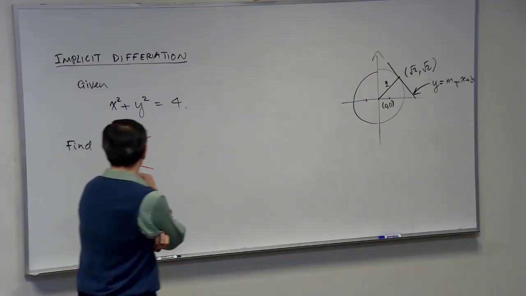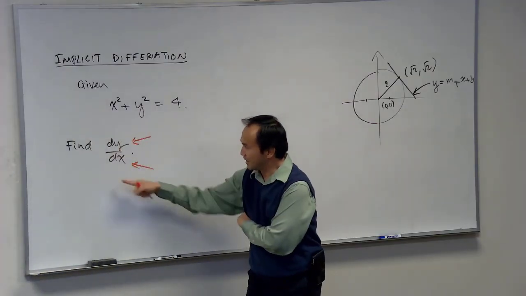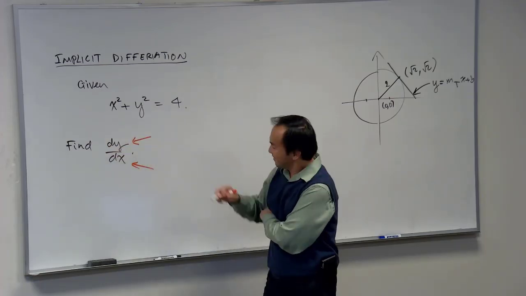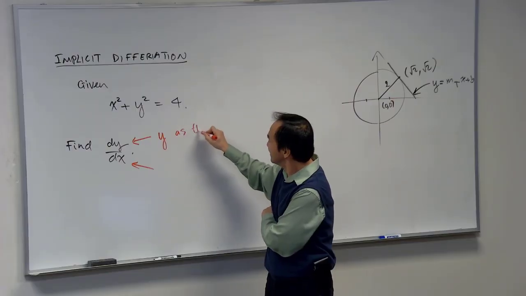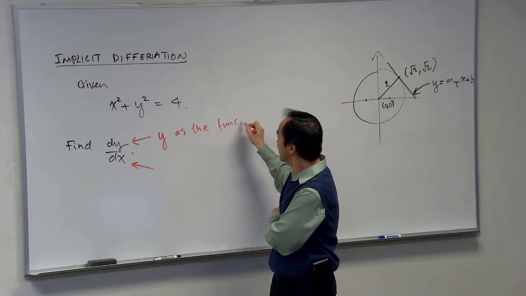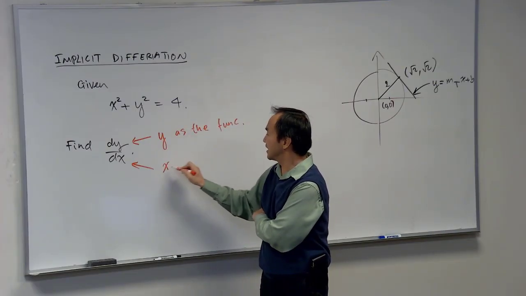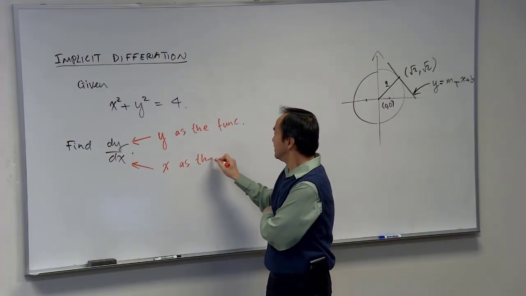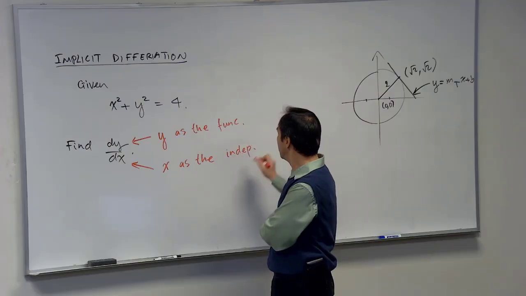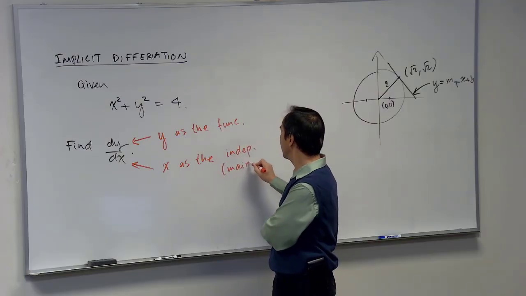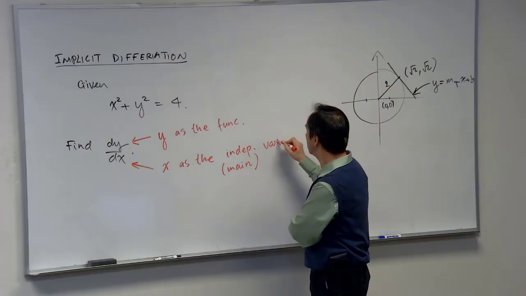So in this case right here, who's going to be the function according to this intention? We want y as the function, and we want x as the independent variable, or a lot of times I also refer to that as the main variable.